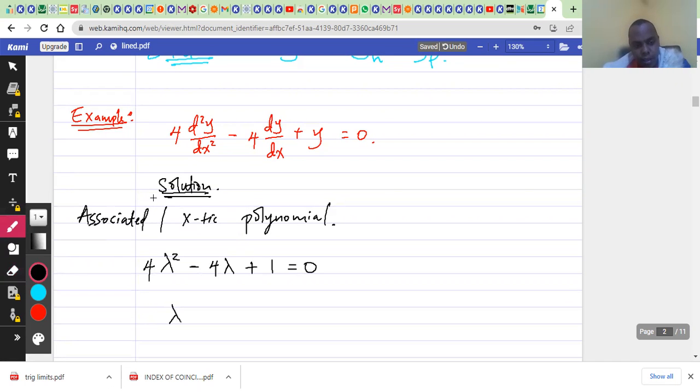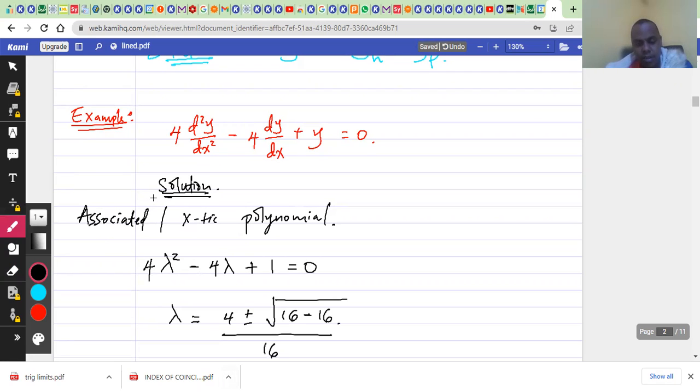Okay, so let's use the quadratic formula. Lambda is going to be equal to 4 plus or minus the square root of negative 4 squared, which is 16, minus 4ac, which is 16, divided by 2 times 4.